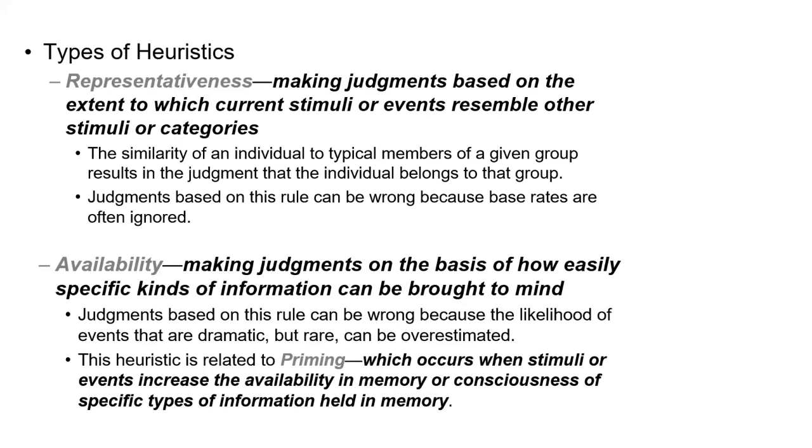So, like that, the representativeness heuristic is there, but judgments based on this rule can be wrong because base rates are often ignored. Then, in the availability heuristic, it is just about how easily you can remember something, how easily specific kind of information can be brought to your mind. And this one is related to priming, and we learned about priming in the last video.